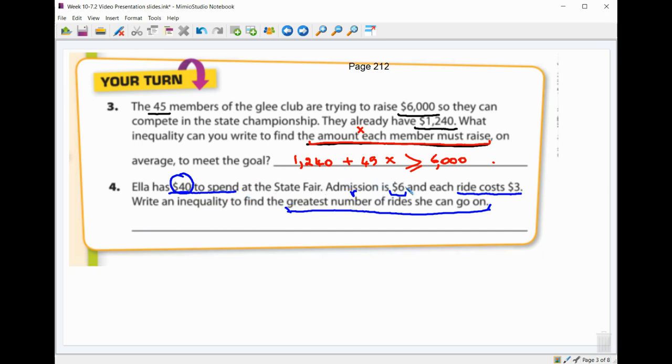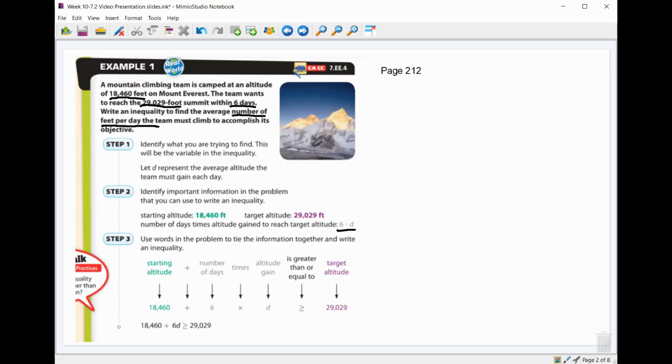Admission to enter to the fair is $6. That's also important information. She needs to pay that $6 one time. And each ride, every single ride she goes on, is going to cost her $3. So we need to write the inequality to find R. Again, that was step two, and we identified the important information.